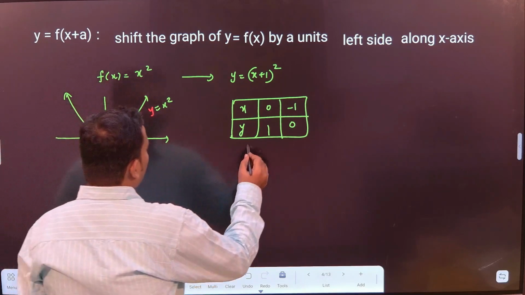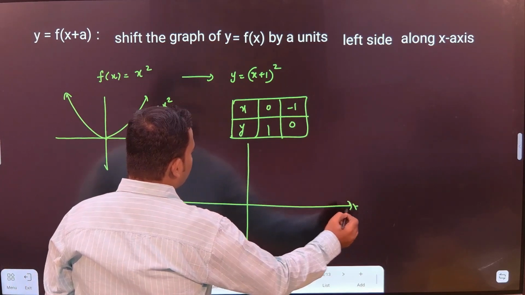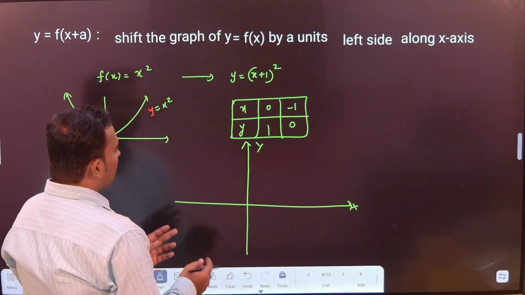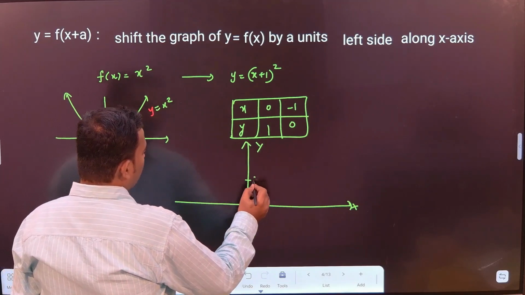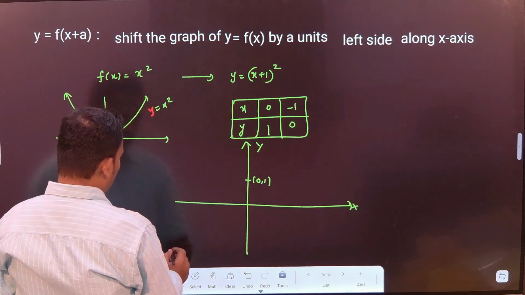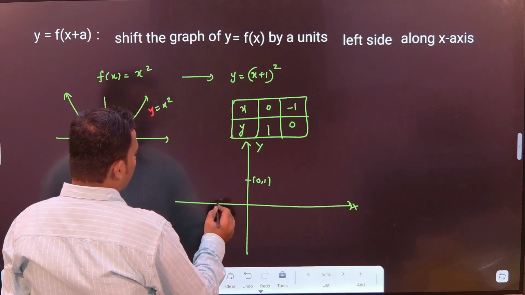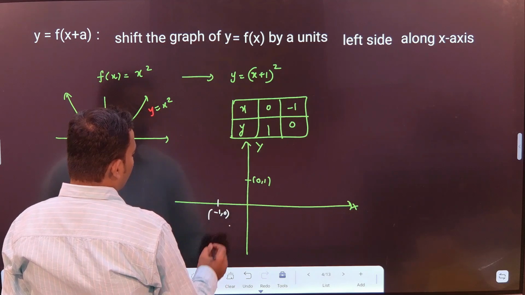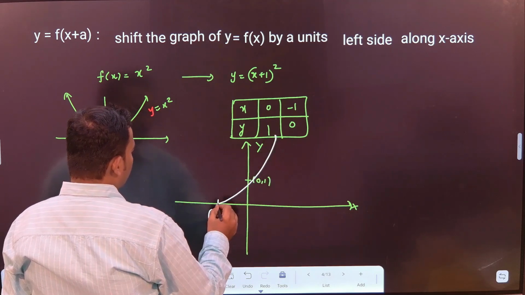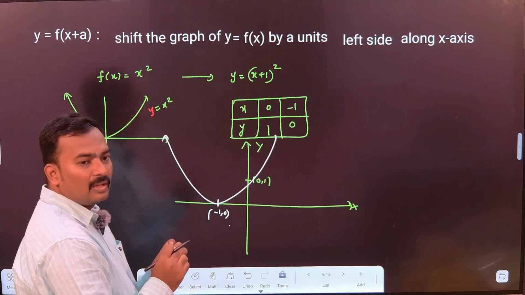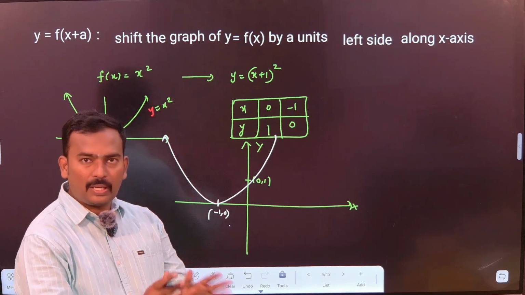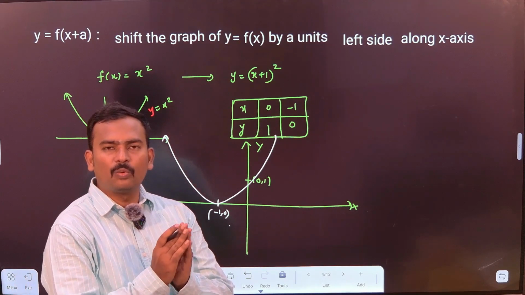So the graph will be, you can see, students, this is the x-axis, this is the y-axis. You can see 0, 1 here, and minus 1, 0 here. The graph will be shifted 1 unit left. When x plus something is there, you have to shift left.